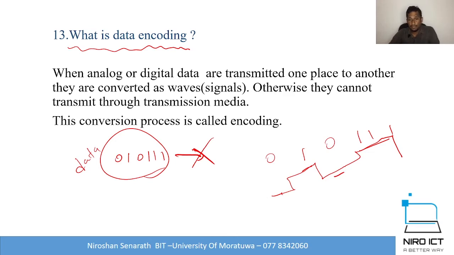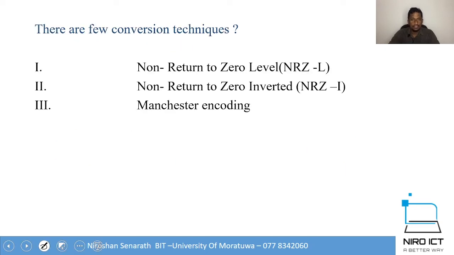This conversion process is called encoding. What is that conversion process? Analog or digital data is converted into signals. That is called encoding.